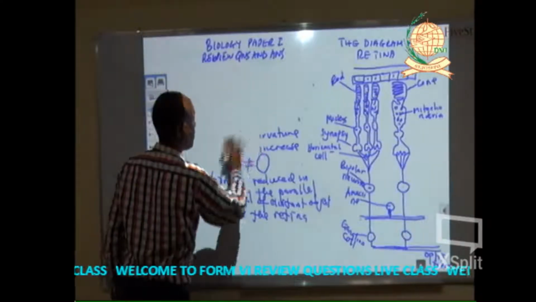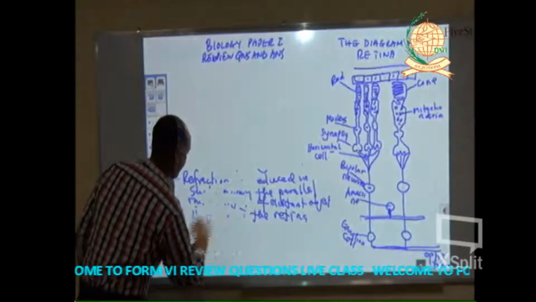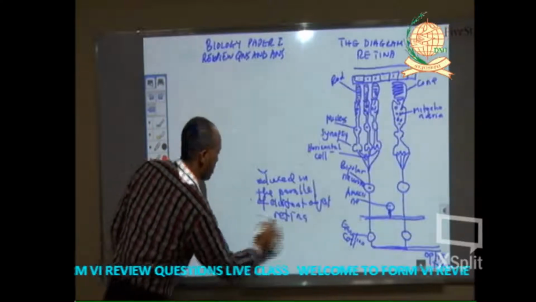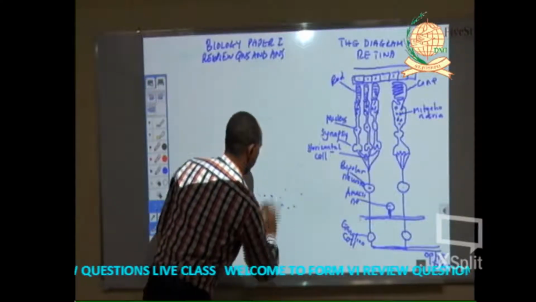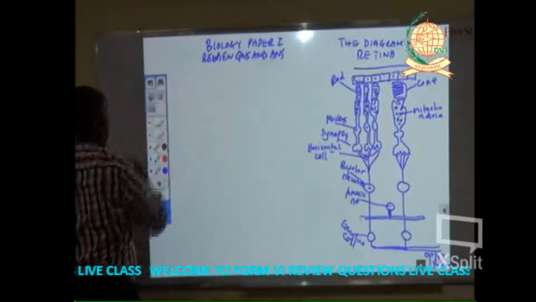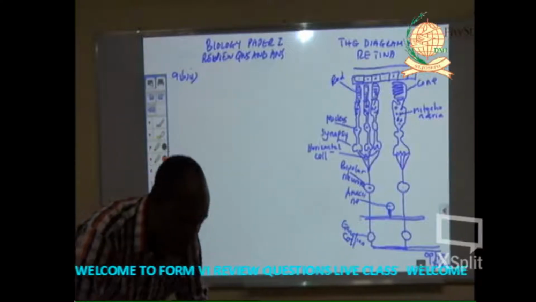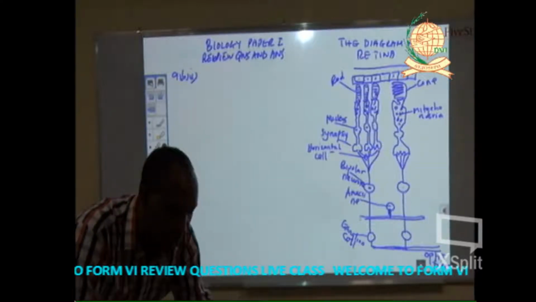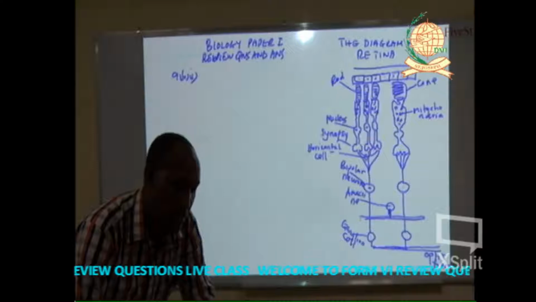Question number 9b, Roman 1. It says the approximately 150 million sensory cells, and 7 million cones.